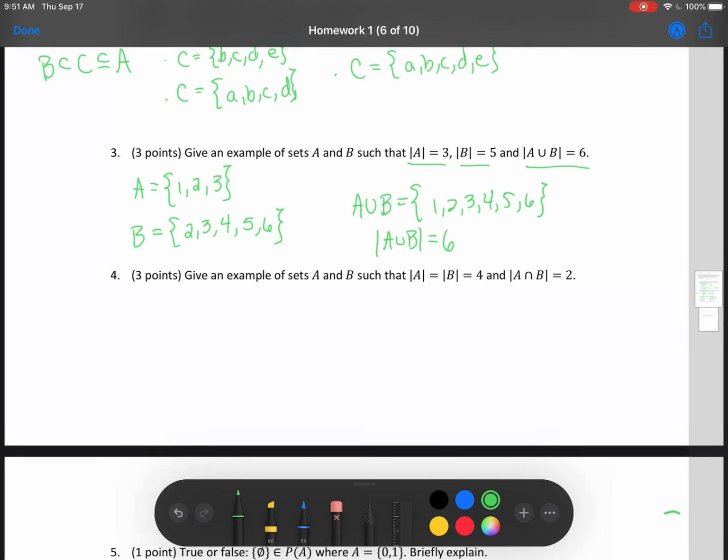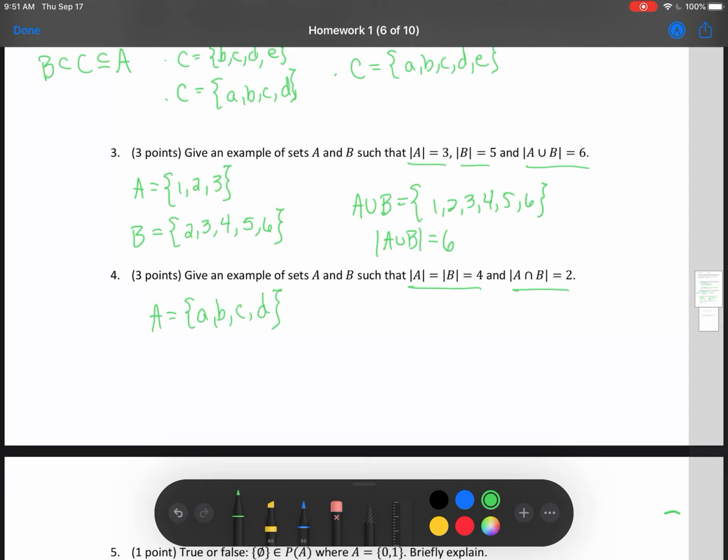So we're doing something similar for question 4. This time the cardinality of A and B are both equal to 4, and the cardinality of their intersection is 2, which means that they have 2 elements in common. I'll do something a little different here and use letters instead of numbers.